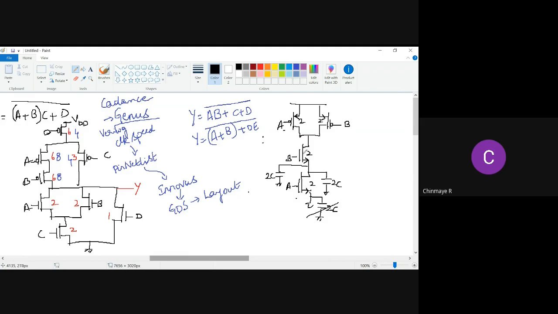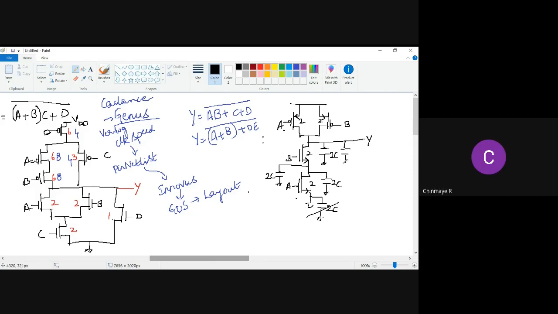Okay, now Krishna. Can you tell me what are all the capacitances at this point? This is the output Y, the point at which I take the output Y. What are all the capacitances at this point? One will be the drain of B, that's 2C. Yes, 2C due to the drain of B. Then, due to A and B also, we'll have 2C.